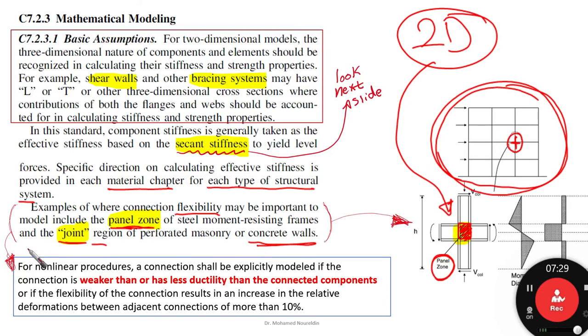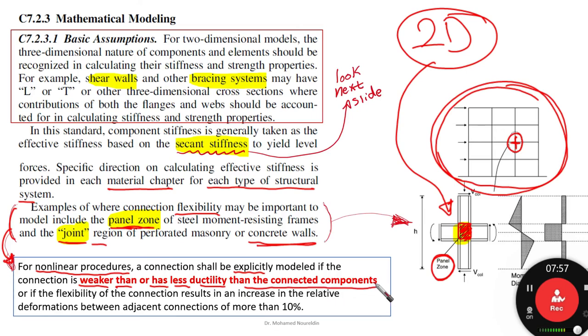The comment here regarding this issue is for nonlinear procedures, whenever you are using nonlinear static, for example pushover, or nonlinear dynamic like nonlinear time history analysis: a connection shall be explicitly modeled if the connection is weaker than or has less ductility than the connected components.